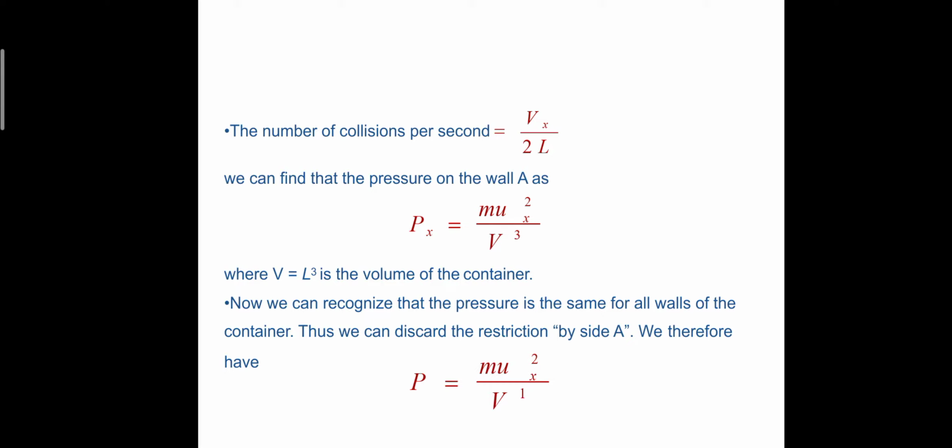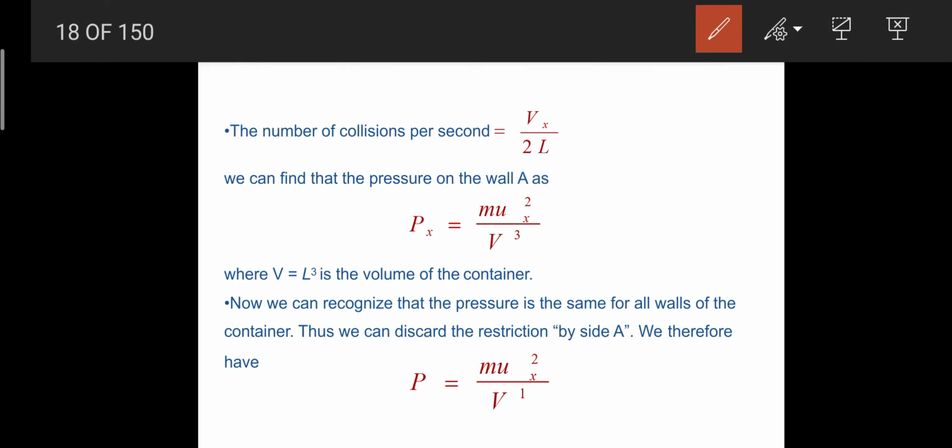So here v cube should come, but we do not write v cube; it is not in your book. This is extra information. We simply mention here p is equal to mn v square by v. V cube should be there, but why it is not, you can see here. I have given the answer here.